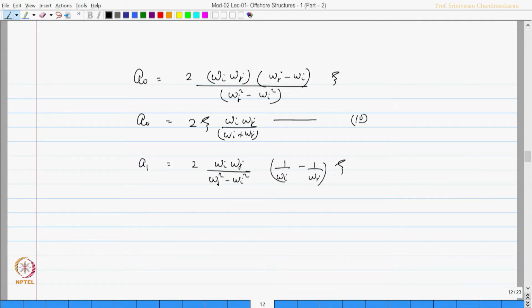Of zeta, which says 2 zeta omega i omega j into omega j minus omega i by omega j of omega j square minus omega i square. So, this goes away, I can now say it is going to be 2 zeta by 1 by omega j plus omega i. I get A1, equation 11.